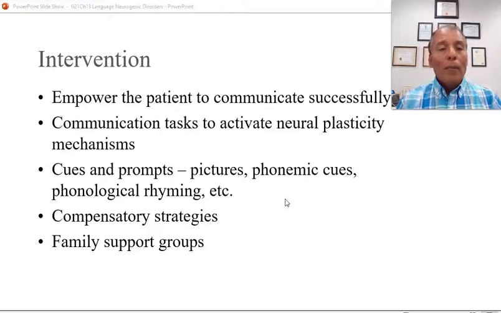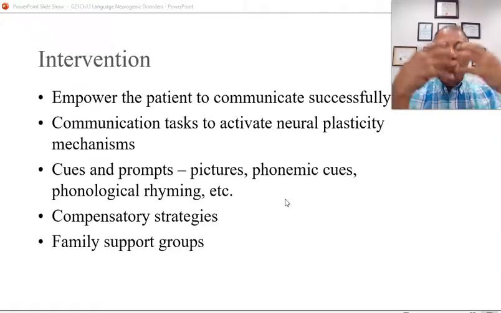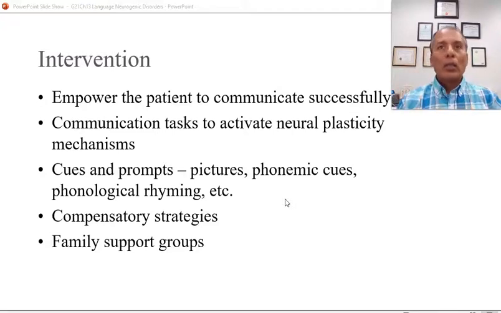So the treatment targets activation of the neural plasticity mechanisms that I explained earlier, so you can maximize the effect of the treatment and maximize the spontaneous recovery potential for that patient.